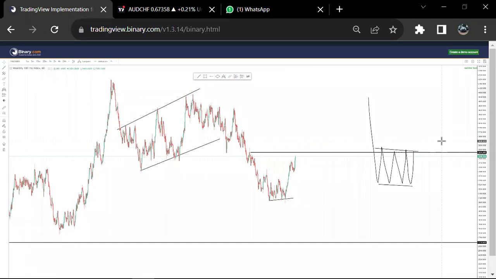Yeah, this is a continuation pattern to the downside, right? So if this is the continuation to the downside, then we have to expect price to push a little bit, reach that level, and then we can get flags, and then we can continue our way. You see how I'll get it.